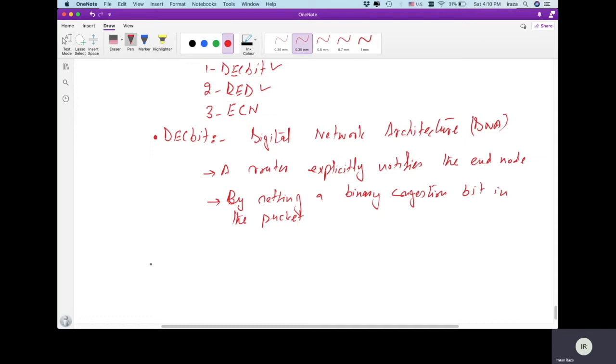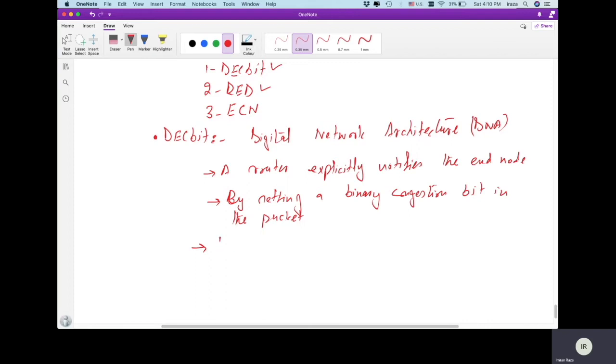So the next question is when a router sets a congestion bit in the packet header. A router sets this bit in a packet if its average queue length is greater than or equal to 1.